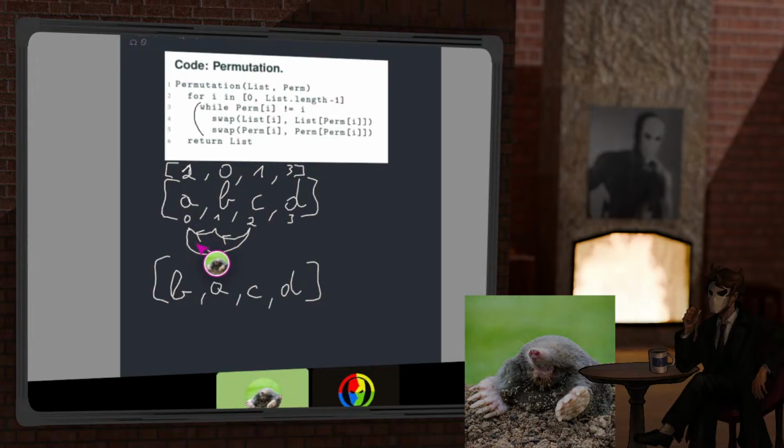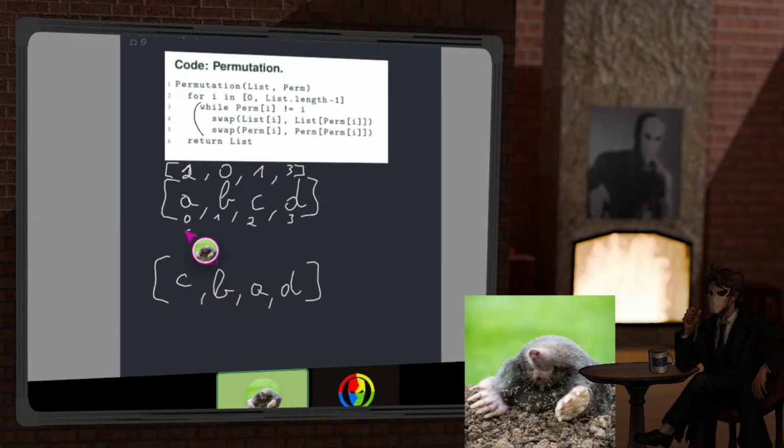When we do this, for example, here we would end up with this. So what just happened is that A was moved to its destination at index 2.